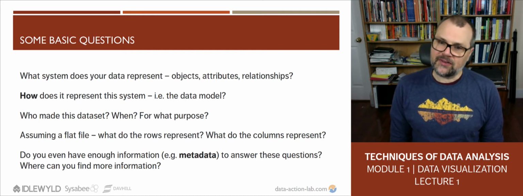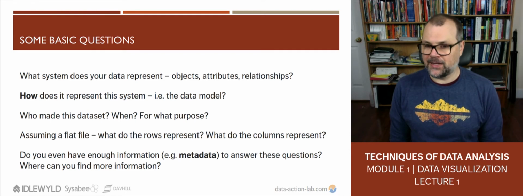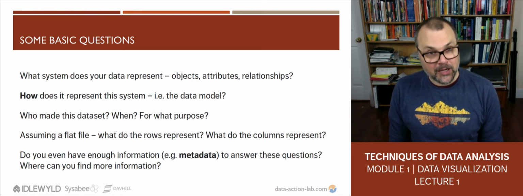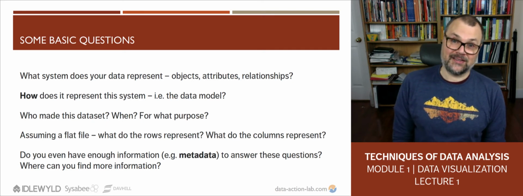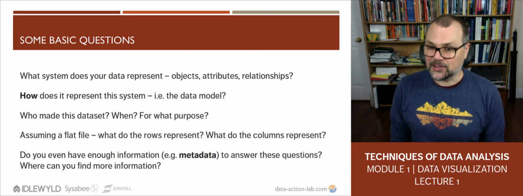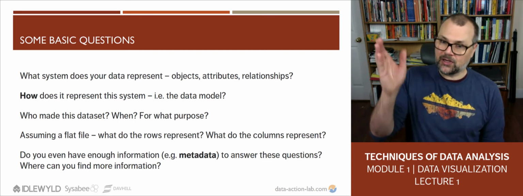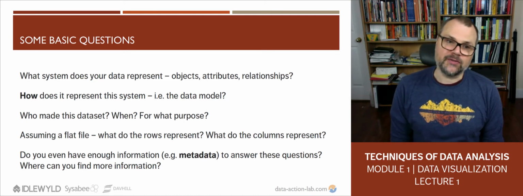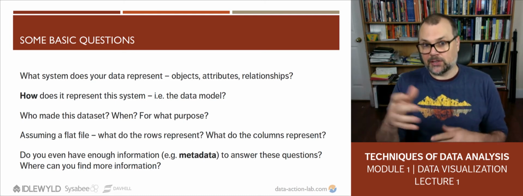If you have a flat file, and in this course, and in most courses you will take in the Math and Stats department, data comes in flat files. It comes in CSV files, or text files, or Excel spreadsheets, rows and columns. For Math and Stats people, that makes sense because we think of data, roughly speaking, as a matrix.